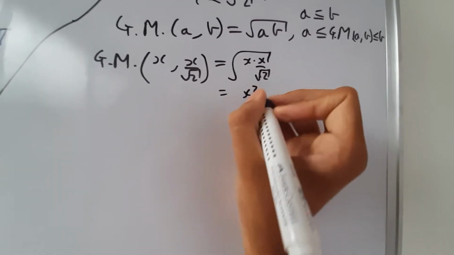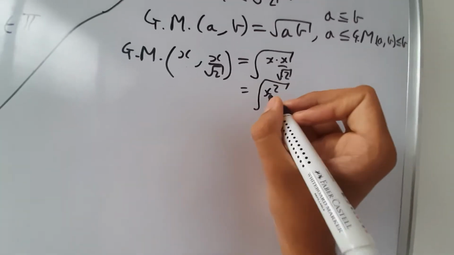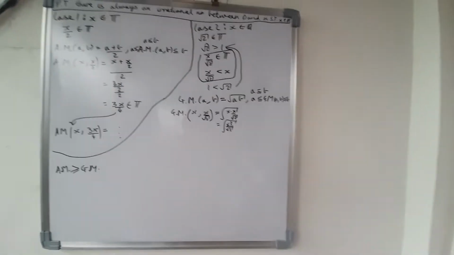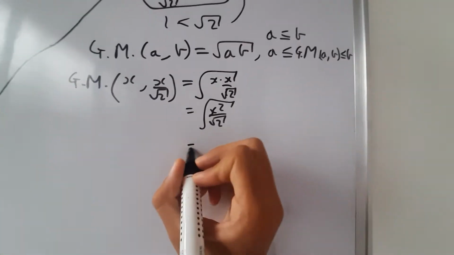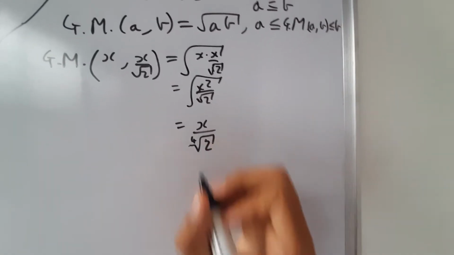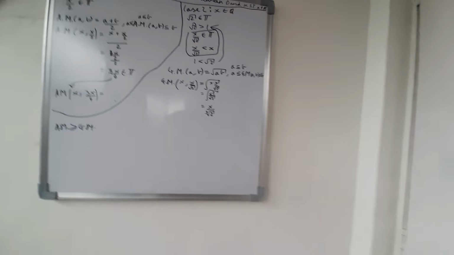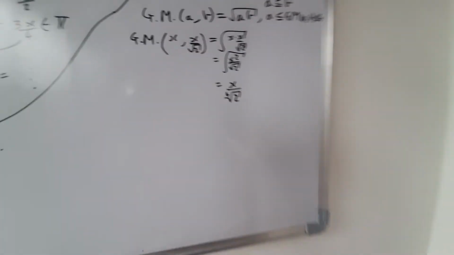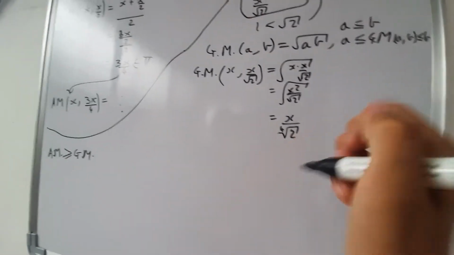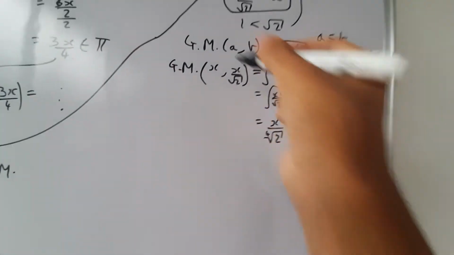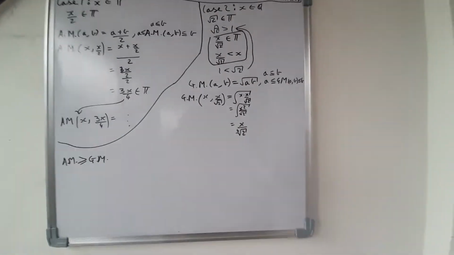So it's the square root of x squared upon root 2. Now we can just take the square root, so we get x upon the fourth root of 2, right? So what I've just shown is that the GM of these two numbers is equal to this number.